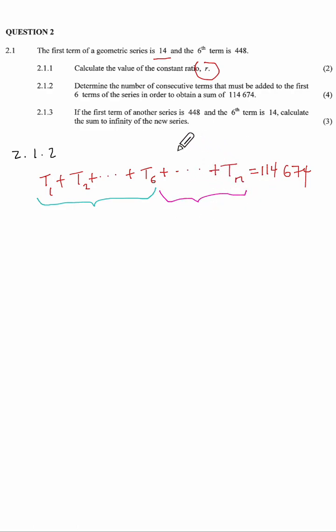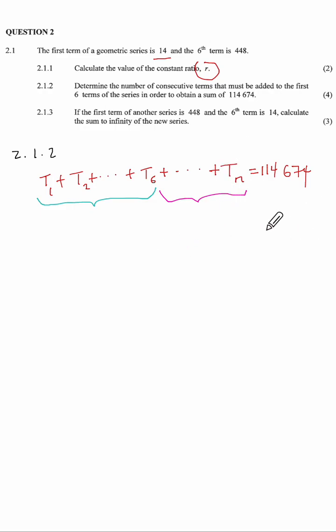How many more terms do I need to add on top of the sum of T1 up to T6 in order to make my total sum 114,674? In other words, I can just find how many terms add up to 114,674. Once I find that, I subtract 6 terms to see how many terms after term number 6 I needed to add.